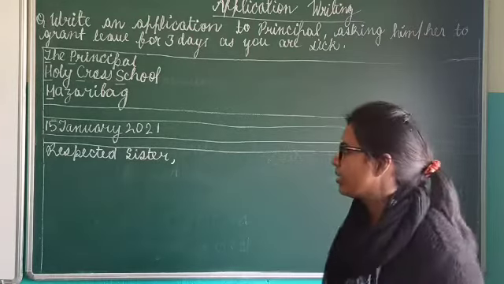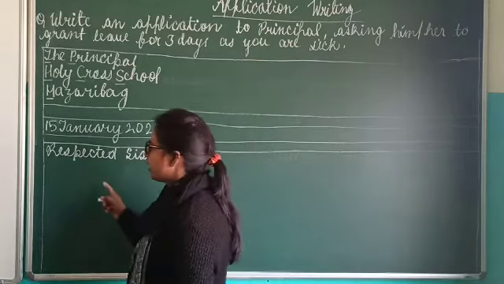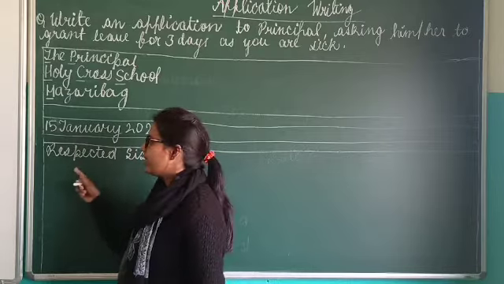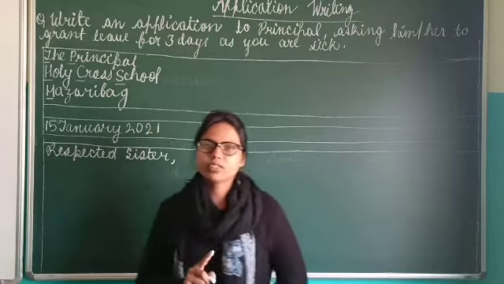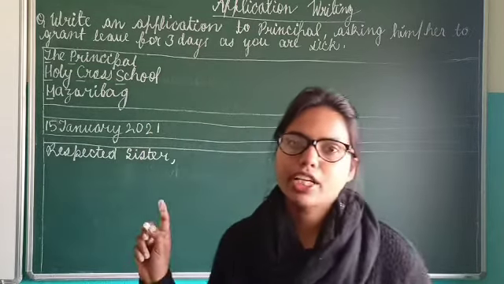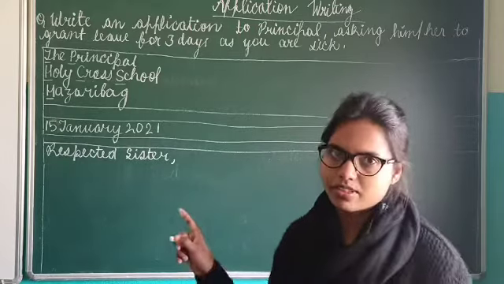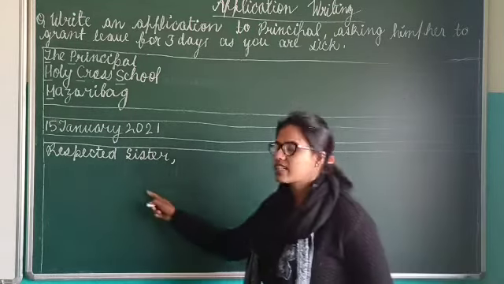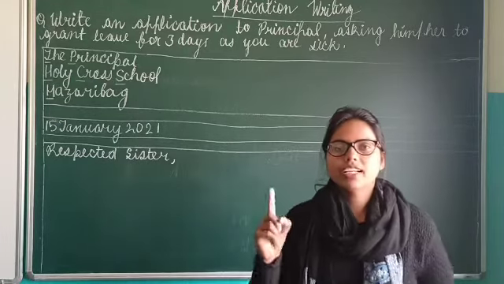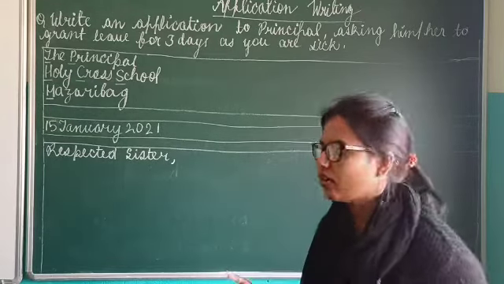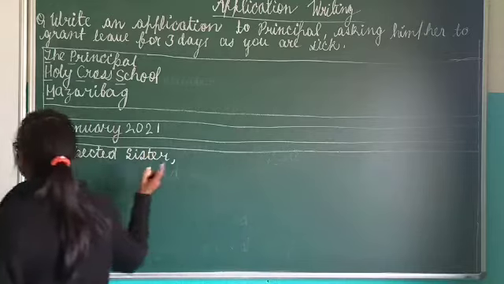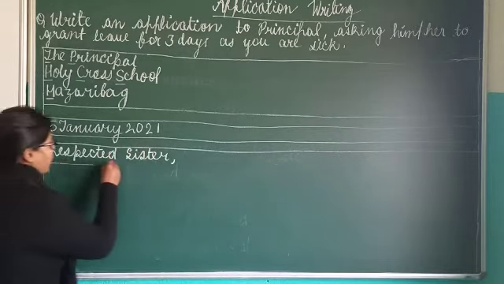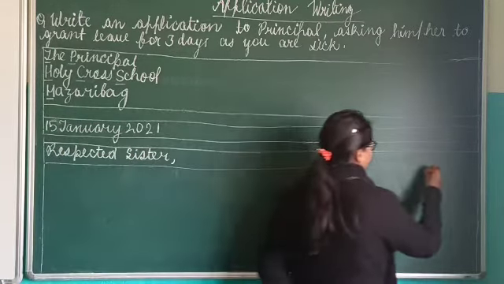But many of you, in place of respected, write a loving sister, dear sister. Mind you, dear students, we are writing application to a very dignified person who is not our friend or relative. Never write loving or dear. Okay. Always write your respected sister, comma. Again, one line gap.